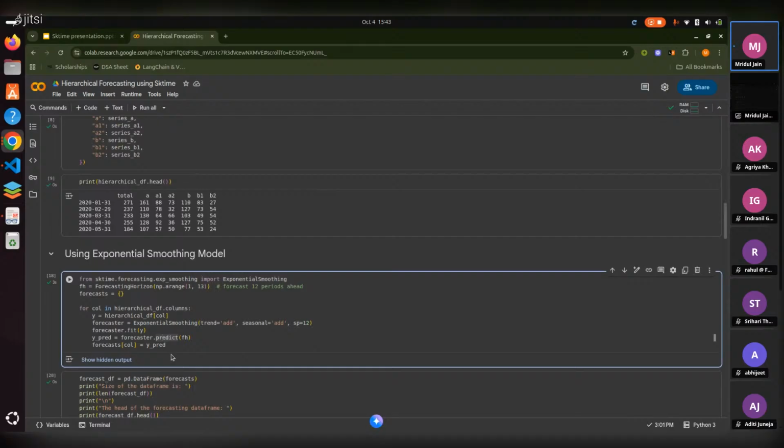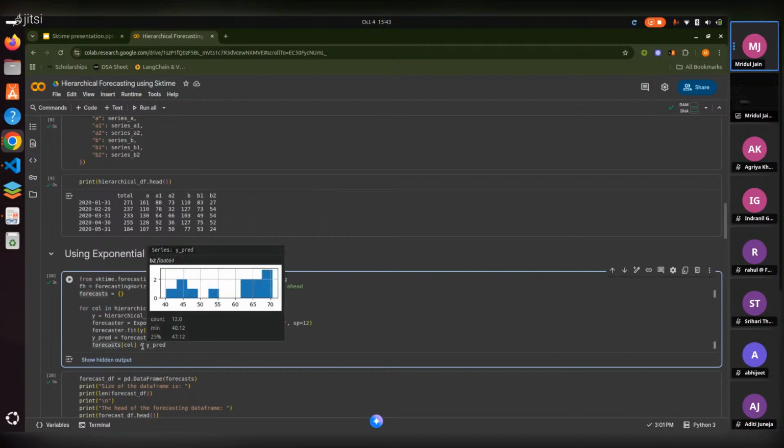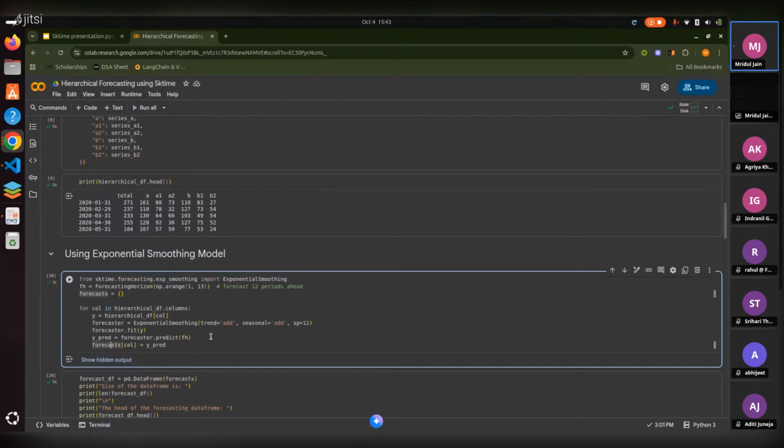So it works upon a similar principle. And then we have the y predictions, and it also provides a similar method of predicting the values over this forecasting horizon. And then you can simply append this y predictions value as a column to the forecasting dictionary or the forecasting data frame, right?